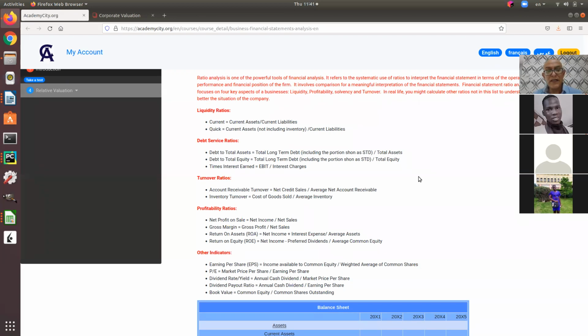The first one tells me how much credit we really give our customers. We're making, let's say, a lot of sales, but maybe we're giving a lot of credit to customers. And that might be a problem in the long run, because maybe some customers will not pay, and they will default on the loan we gave them. And by the way, we're not earning interest most of the time on the credit we give to customers.